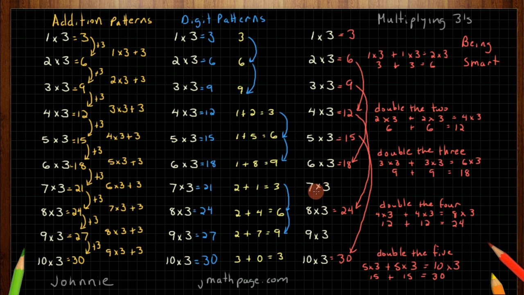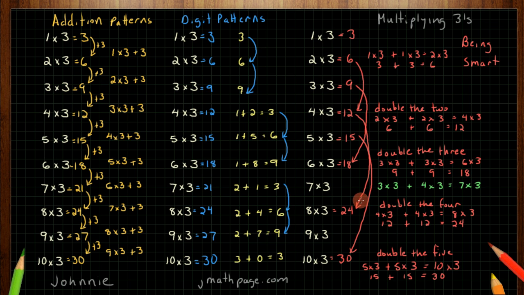I'm going to think about 7 times 3 in a very different way. I'm going to think about 7 times 3 as 3 times 3 plus 4 times 3, because 7 is the same as 3 plus 4. So let me write that out. I'm going to say that 3 times 3 plus 4 times 3 is equal to 7 times 3.